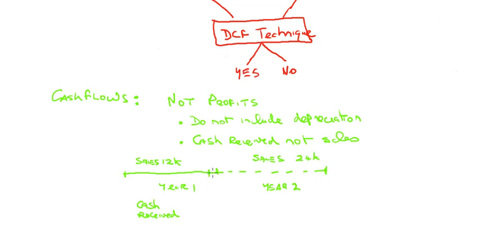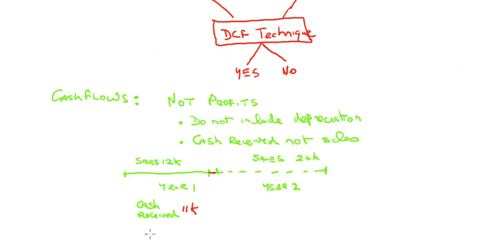So this last month of sales here, that's December sales, we'll say, will not be received until the following month. So if we're looking for the cash received in this year, it'll simply be 11,000.